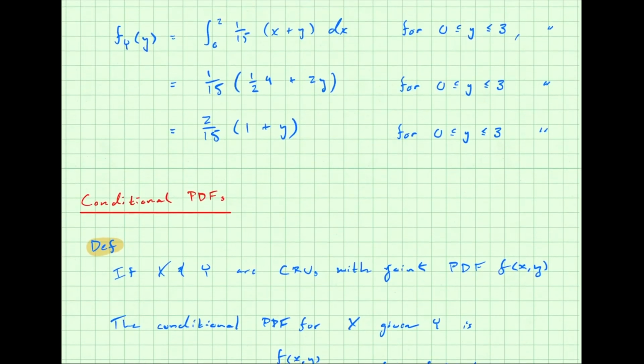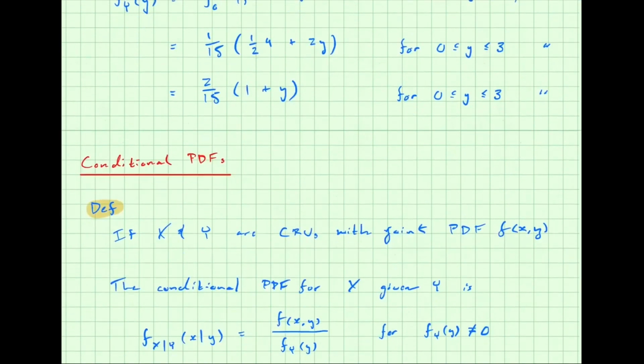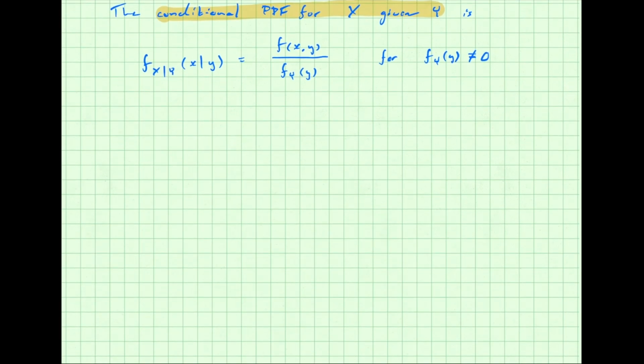If you go back up here, this marginal distribution is only this for these conditions, and otherwise it's zero. So there definitely are places where the marginal distributions are zero. All right, so that's the conditional distribution for x given y. So we're really defining two things here. The other one is for y given x, but it looks the same.